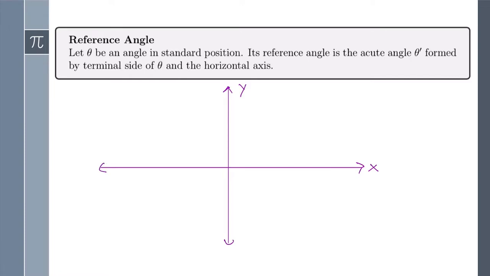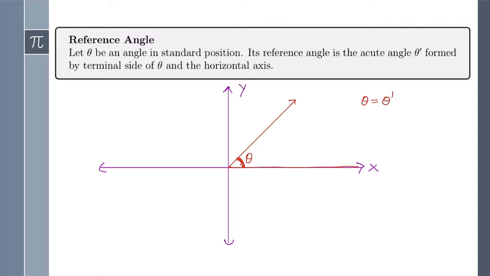If I have an angle theta in the first quadrant, this is an acute angle. So for an angle in the first quadrant, the reference angle is the angle itself. So theta equals theta prime, because that is the acute angle made by this terminal side with the horizontal axis, or the x-axis.